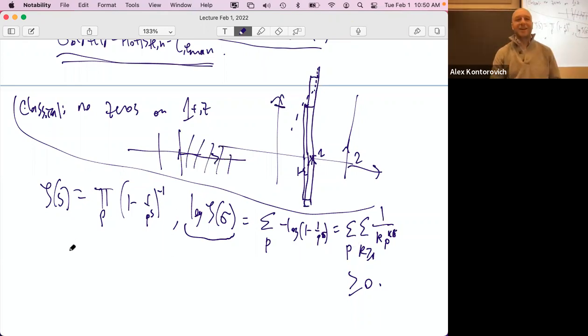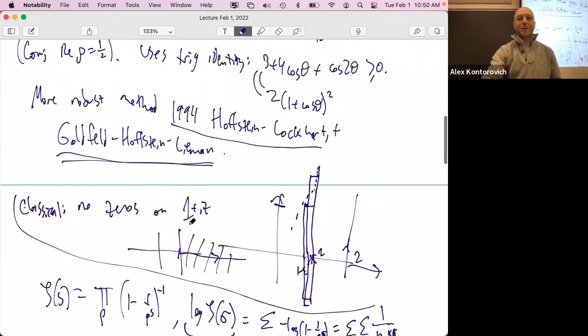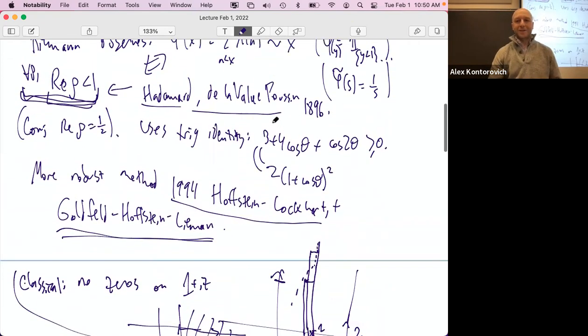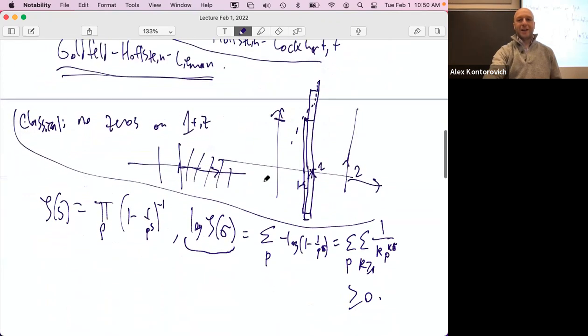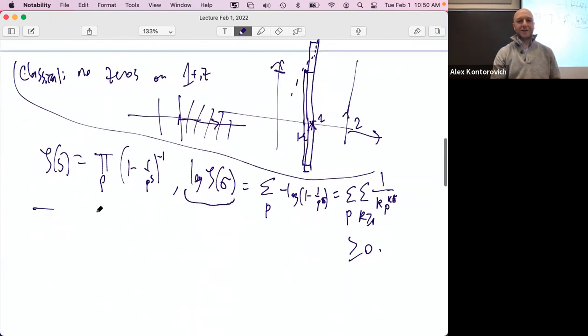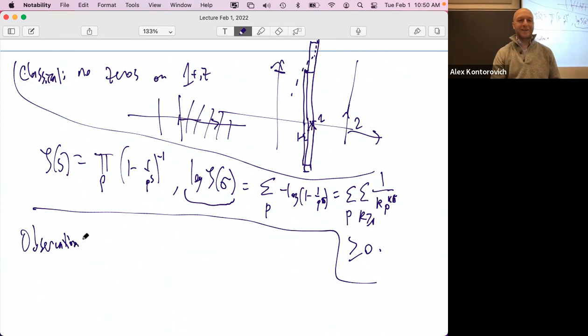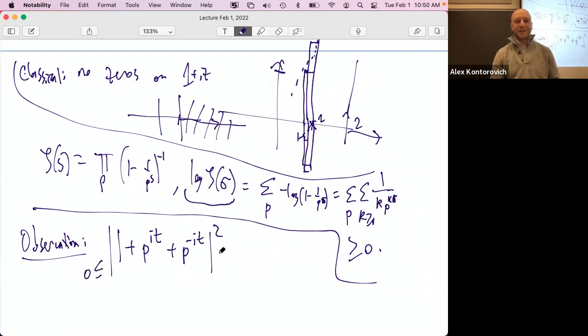Right. Okay. Here's the right way to do this trigonometric trick. The observation, or the trick, which is just a brilliant little thing, is that if you take 1 plus p to the it plus p to the minus it, and you square this out, let's see what we get. Obviously this is going to be non-negative.